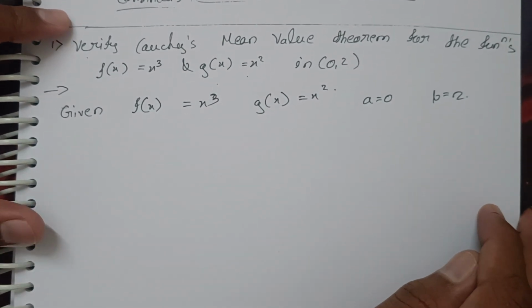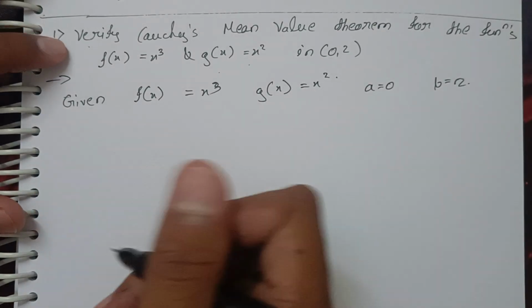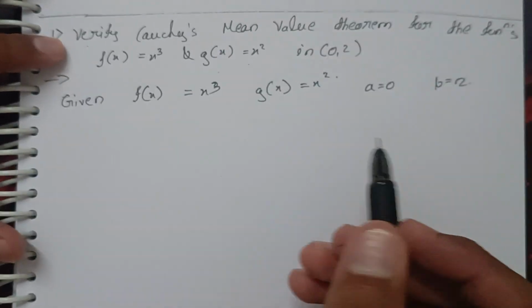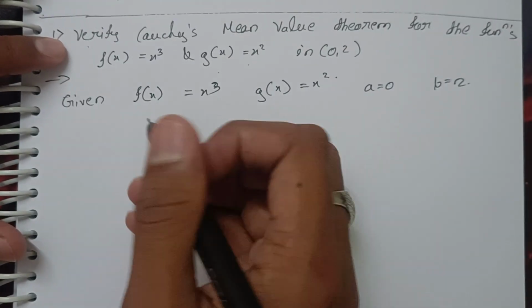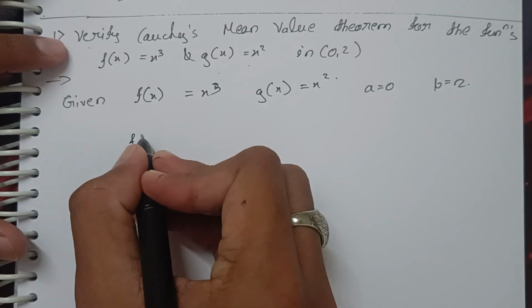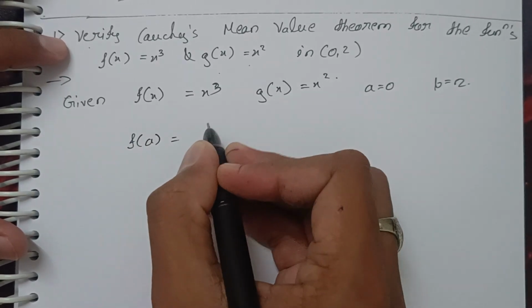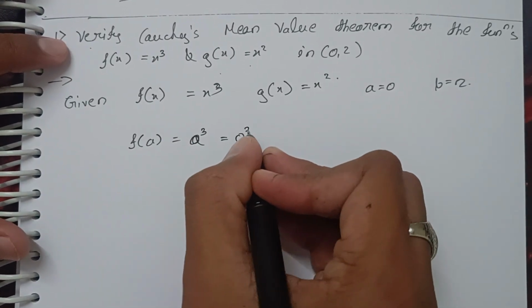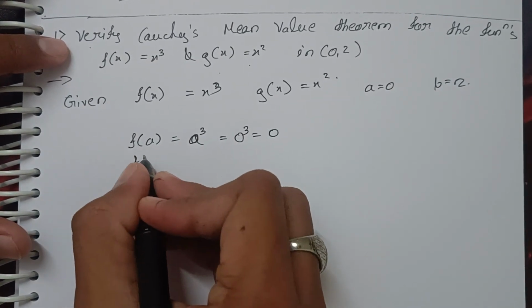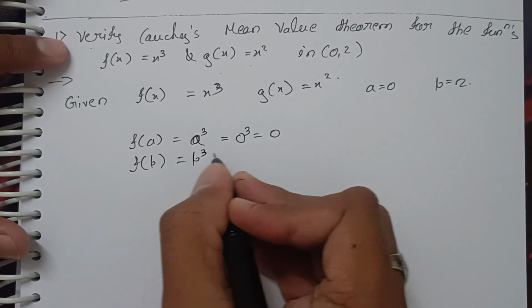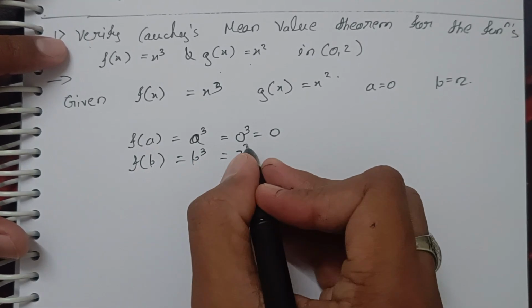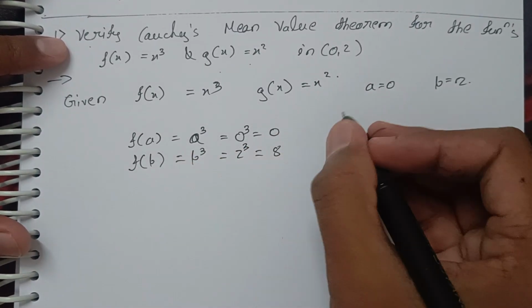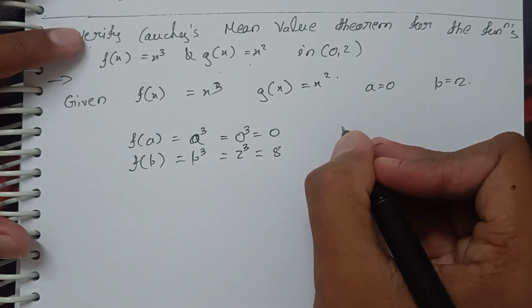So let's first differentiate both the functions. No, first we check the continuity for both functions. For f of a, 0 cube is 0. F of b, that is 2 cube, is equal to 8, and the same for g of x.